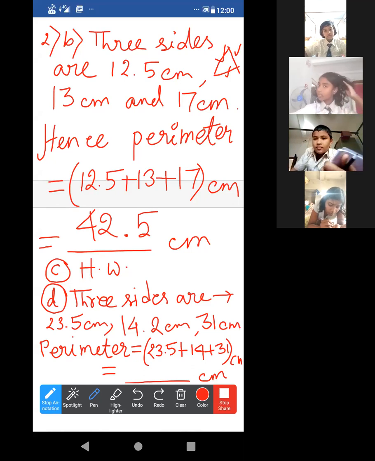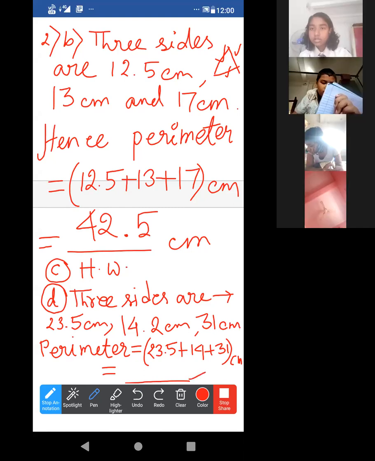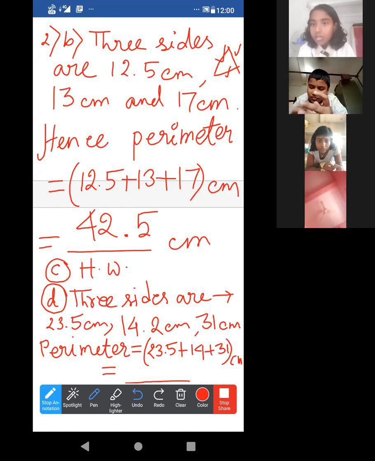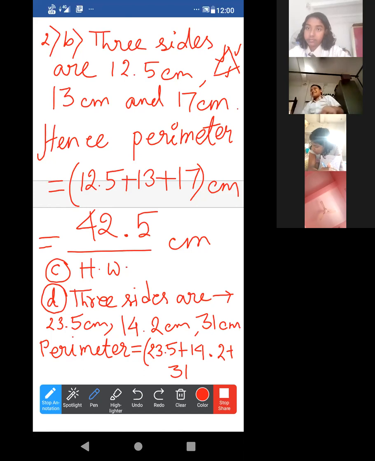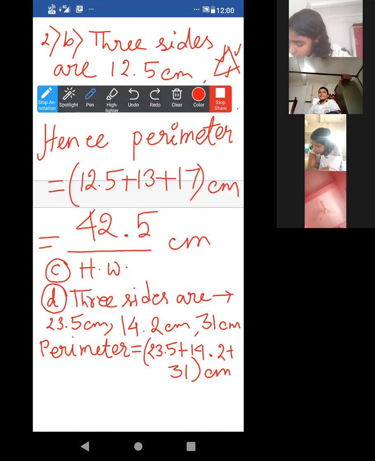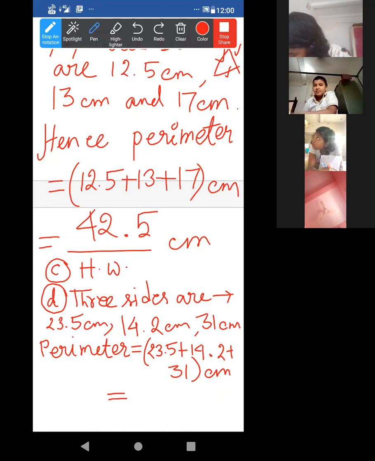Good. So it will be, just wait for a minute. Very good. That one is 14.2. I forgot to write this 0.2. Then 31 centimeter, is equal to what will be the answer? Write it. Basically, if we draw the triangle, it will be in this way, right?